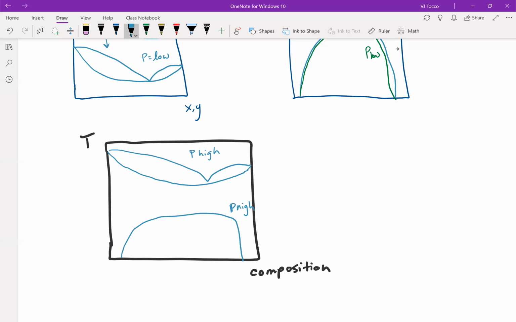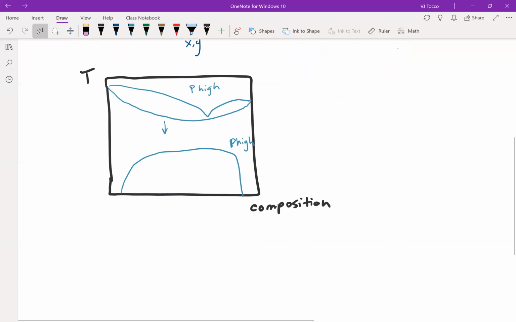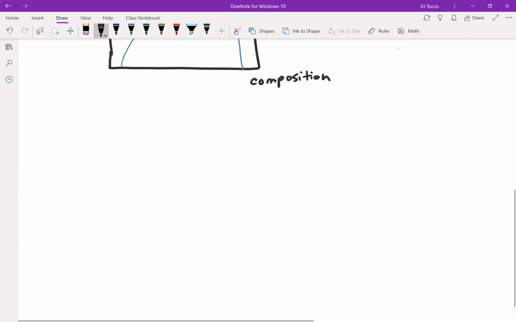Now, if I decrease the pressure, remember, the liquid-liquid curve is going to approximately stay where it is. The TXY curve, the vapor-liquid curve, is going to keep going downwards. So what happens when they intersect is when we get vapor-liquid-liquid equilibrium occurring. I'm going to draw a large plot that's detailed.